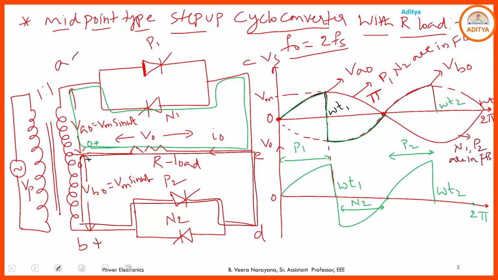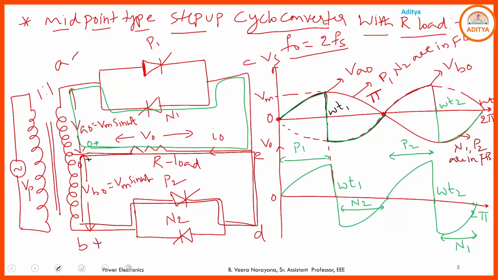From O to E, which is a negative current, and the output voltage simply follows VAO. So VAO is this one. This is the output voltage due to the conduction of N1. So it is P1, N2, P2, N1, and again we have the positive cycle. Again you conduct P1, N2, P2, N1.